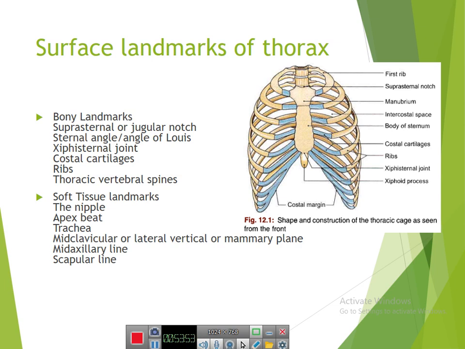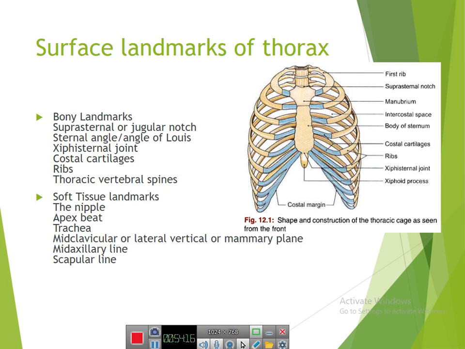You can touch it on your own body. If you touch the lower part of your neck, you can feel a prominence on your back that is called the vertebral prominence. It is related to the 7th cervical vertebra.